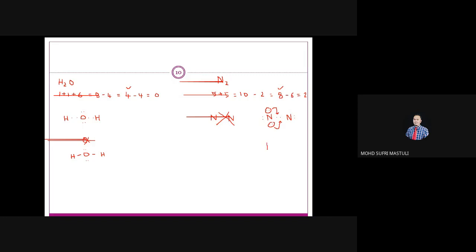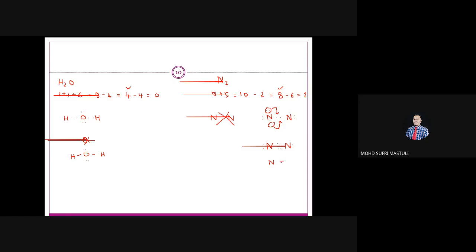So now we can draw nitrogen: 1, 2, 3 bonds to nitrogen, each with a lone pair.